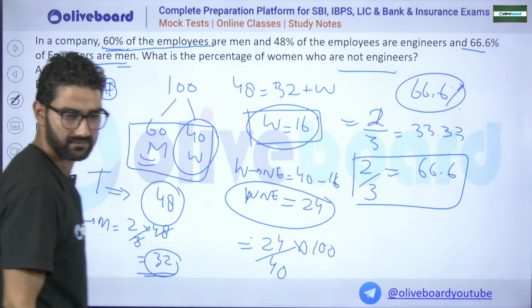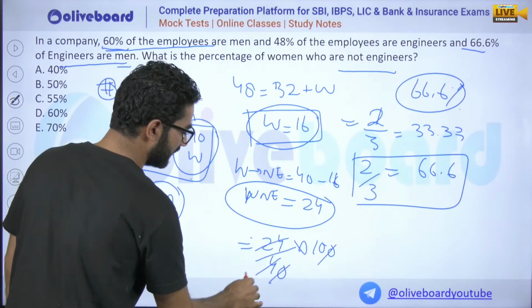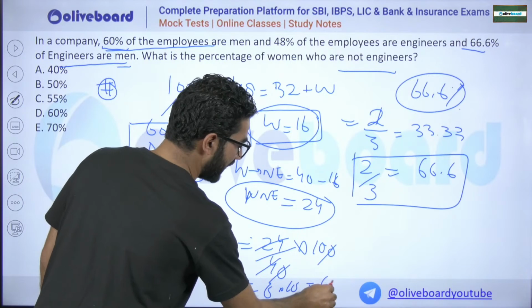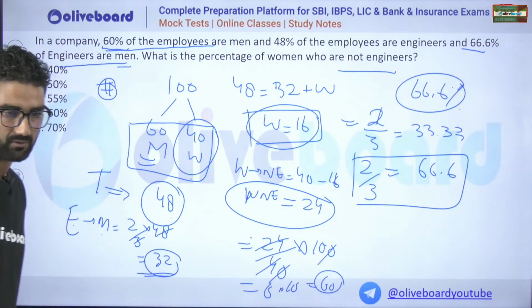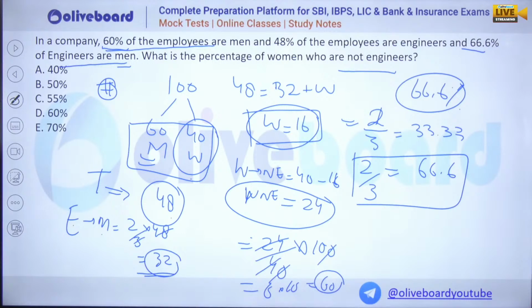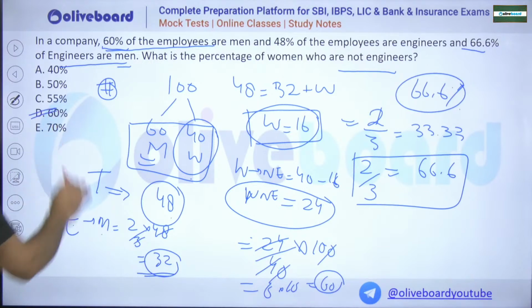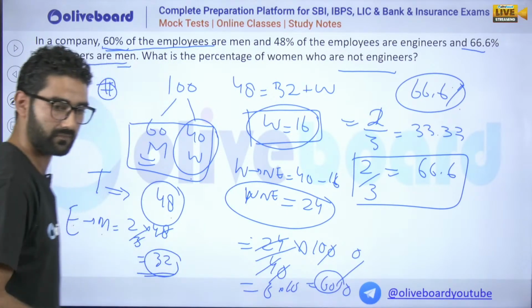Simple. You can calculate this, that will be 60. So it will be quite easy, no? If you understand this part, the calculation part will be very easy. Yeah, D is the correct option. Okay, so we got 60, 60 percent will be the option. Great.